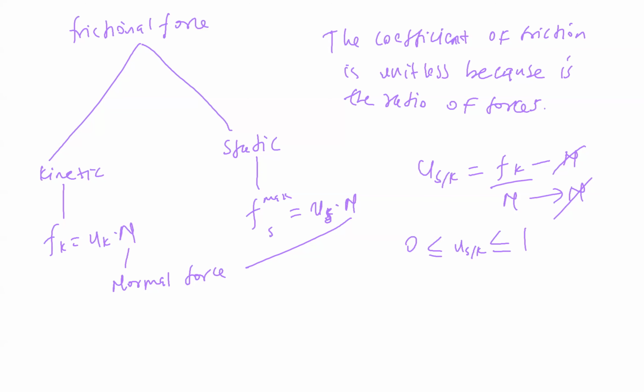There is no way in which the surface can give us a coefficient of friction which is greater than 1. It's always less than 1. It's due to the surface, and it depends on the surface.